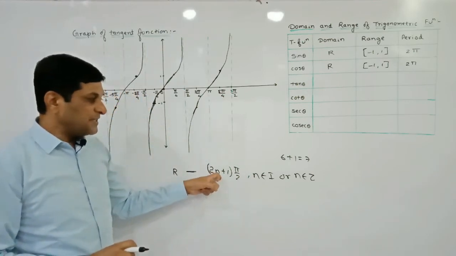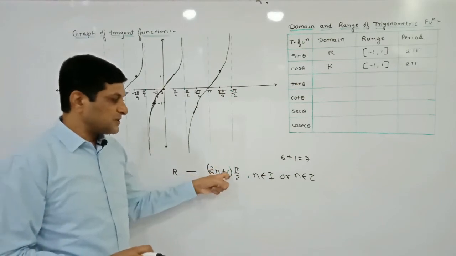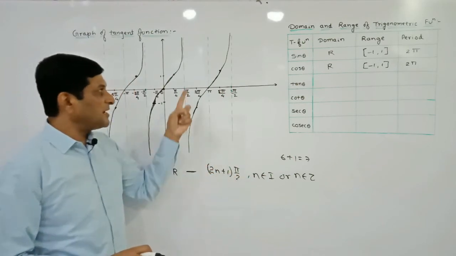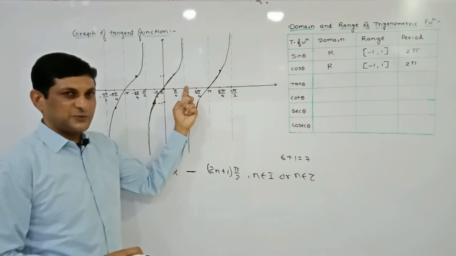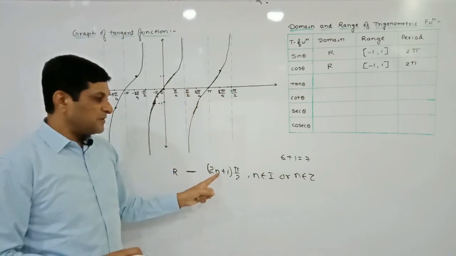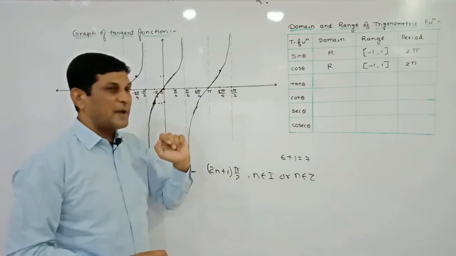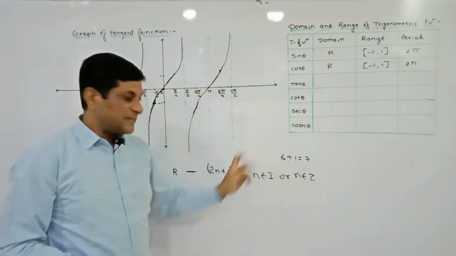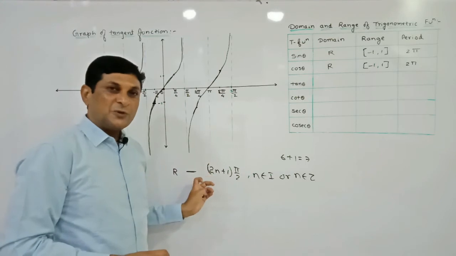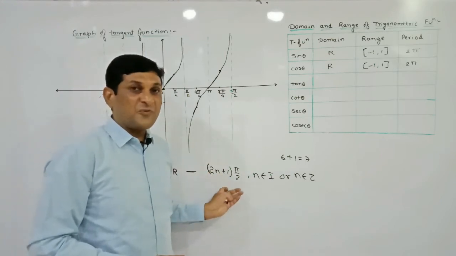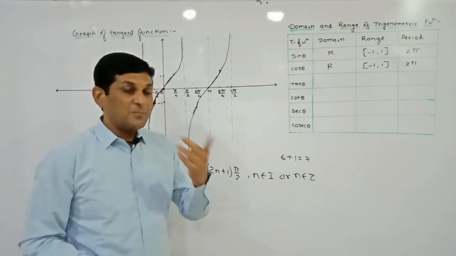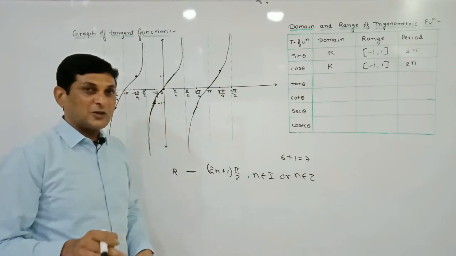If I substitute n equal to 0, here we will get 0. 0 plus 1 is 1. 1 into pi by 2 is pi by 2, which means here we will get this point. If I replace n by 1, 1 into 2 is 2. 2 plus 1 is what? 3. 3 into pi by 2 is 3 pi by 2. Again if we replace n by 2, 2 into 2 is 4, 4 plus 1 is 5, 5 into pi by 2, which means the multiple of pi by 2 is what?